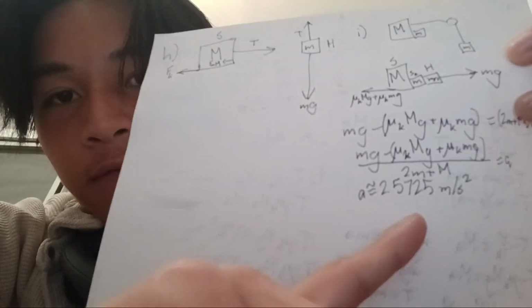And you get 2.5725. A is 2.5725 meters per second squared.